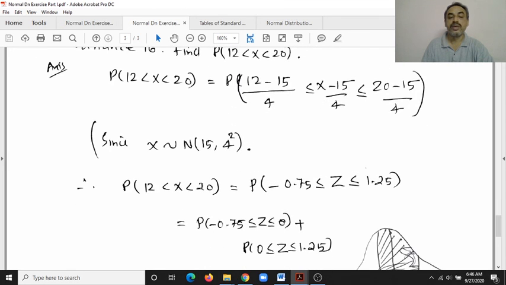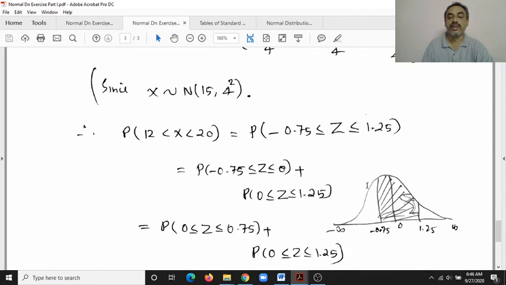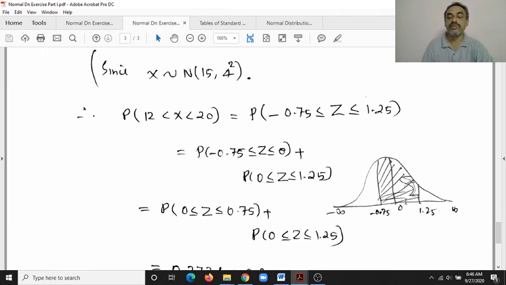So 12 to 20 is now minus 0.75 to 1.25. We break at 0 because the range laps to the left and right side. So the first part is minus 0.75 to 0, and the second part is 0 to 1.25.